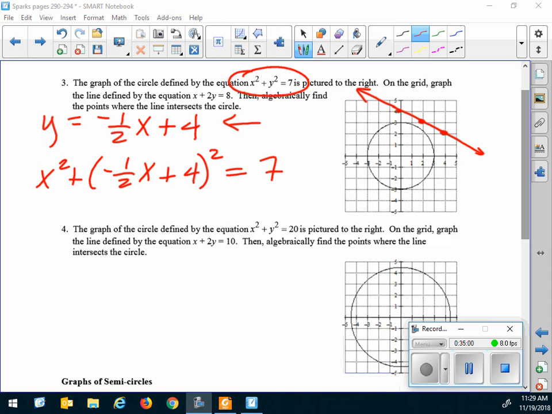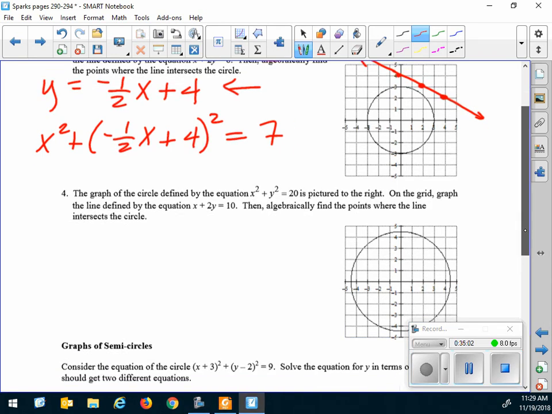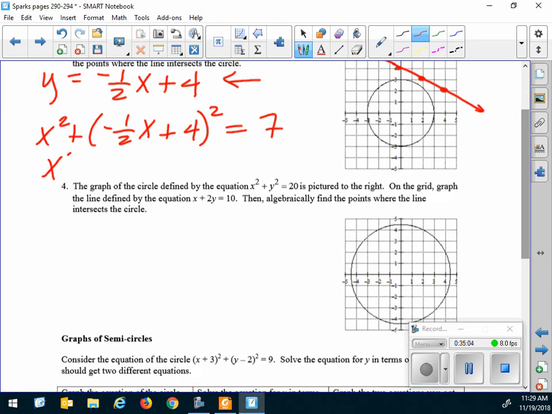Let's get your brain going. Let's multiply that out. x squared plus. What's negative 1/2 x times negative 1/2 x? 1/4 x squared. Remember your middle term? Middle term is this times this, doubled.